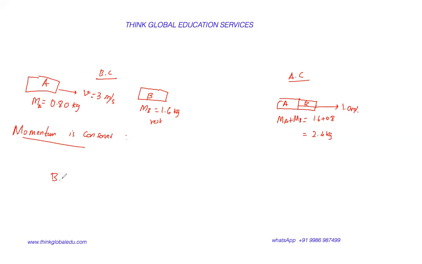So, before collision, momentum of trolley A, PA, plus momentum of trolley B, PB, is equal to mass of trolley A, which is 0.8, multiplied by velocity of trolley A, which is 3, plus mass of trolley B, which is 1.6, multiplied by velocity of trolley B, which is a stationary trolley, so its velocity must be 0.